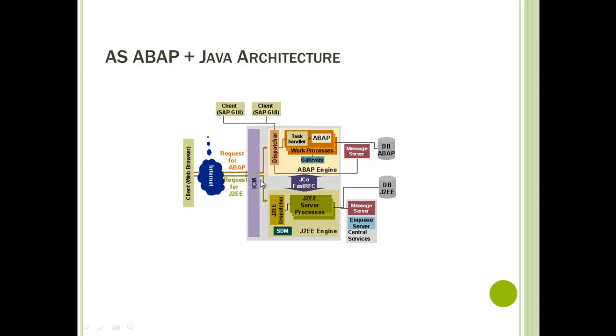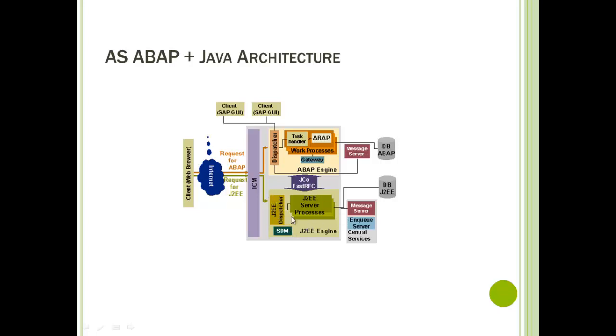How do we analyze that? Let's say it's an ABAP Web Dynpro request. If it is an ABAP Web Dynpro request, then the ICM will dispatch that request to the ABAP stack. If it is a Java page, that means JSP, then the ICM will dispatch the request to Java.